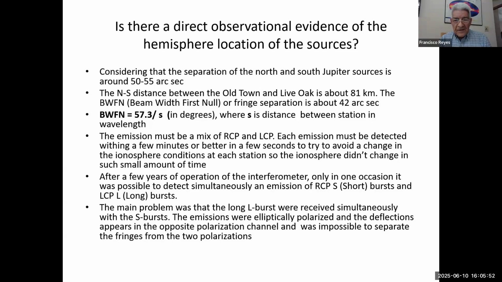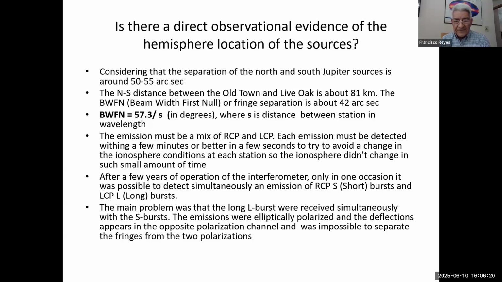So after a few years of using the interferometer, we detected many storms, but we didn't detect any storm in which the right and left hand polarization were received at the same time, except for one occasion in which we detected the right hand emission from the short burst and the left hand emission from the long burst.